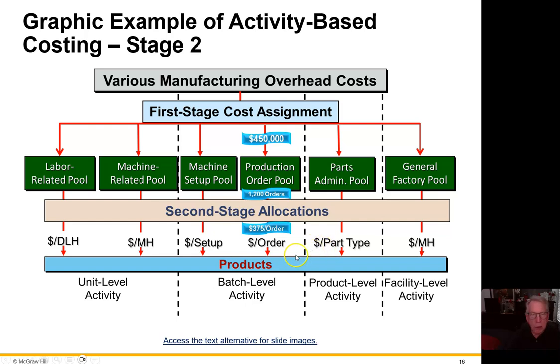And if we were to use parts administration, we might use the part types. And then in the general factory cost pool, we'd use dollars per machine hour potentially, or square footage, or a number of other possibilities. All right, so that would give us our unit level activity, our batch level activity, product level activity, and facility level activities of those differing cost pools.